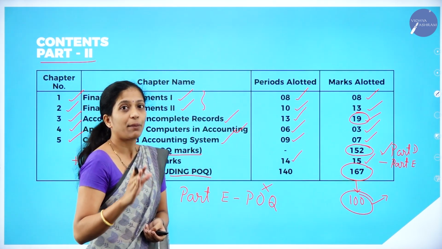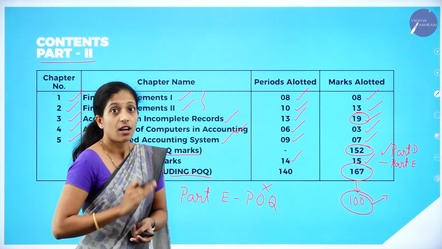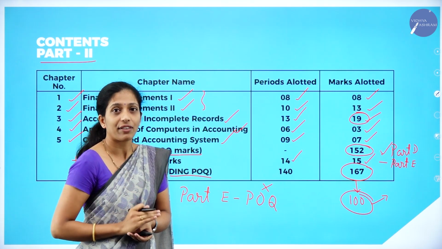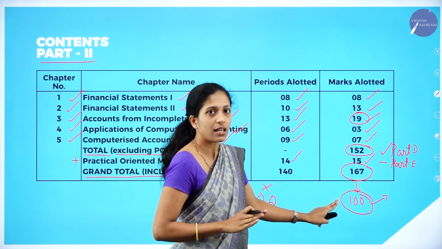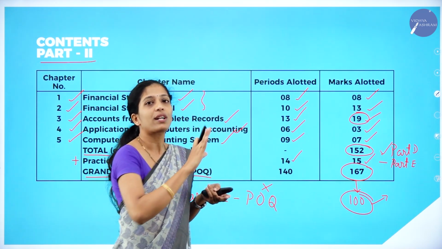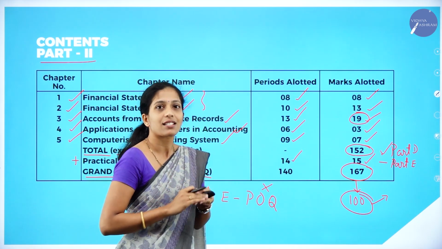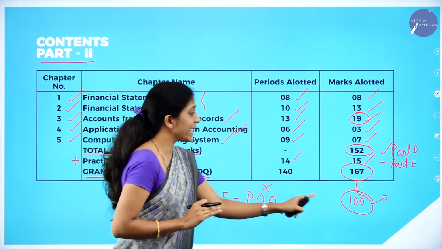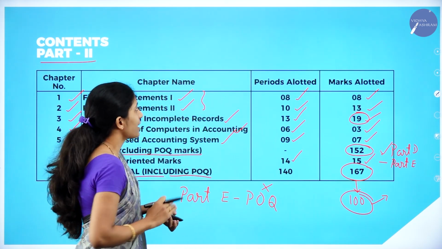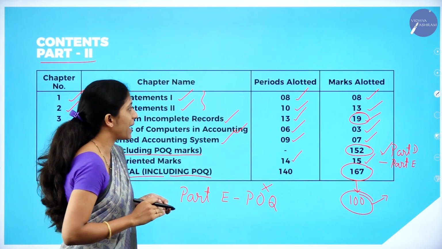See the beauty of the question paper here: you have a number of options. For 67 marks you have an option, where you are going to answer only for 100 marks. So this is the total weightage of this subject, where you can expect 167 marks in your question paper, but you are going to answer only for 100 marks. So this is about the contents included under part 1 as well as part 2.